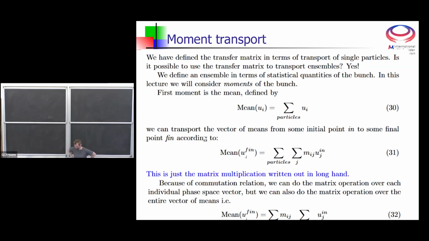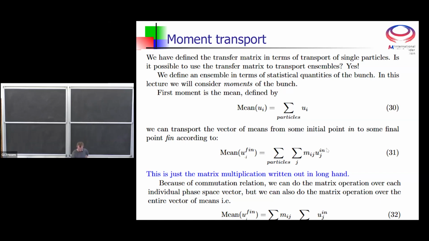Okay, so let me start off with the mean of a distribution. The first moment of a distribution is the mean, of course. That's just, as you know, I'm sure, you take the sum over all particles, divide by the number of particles, and that gives you the mean. And we can transport the vector of means just using the transport matrix.